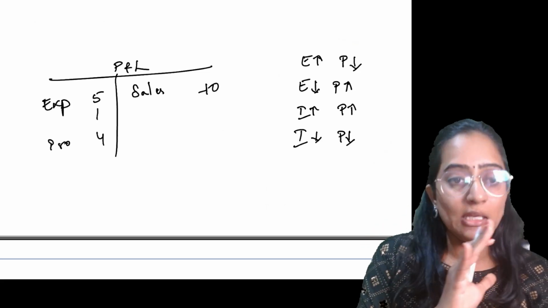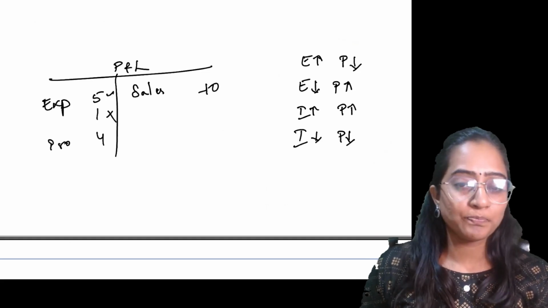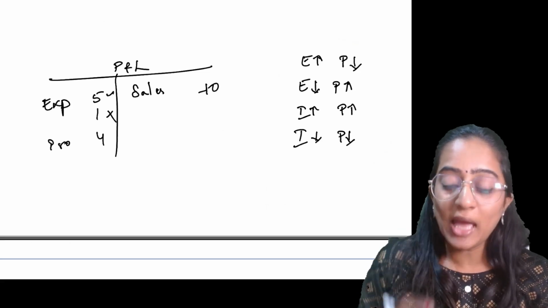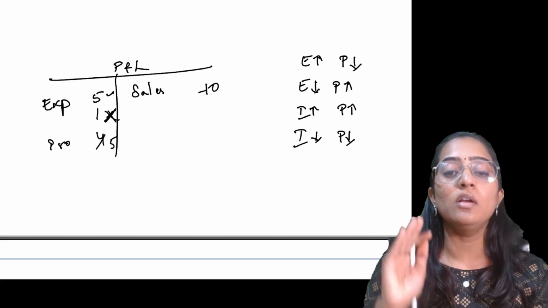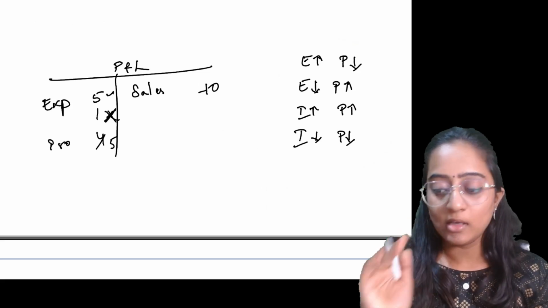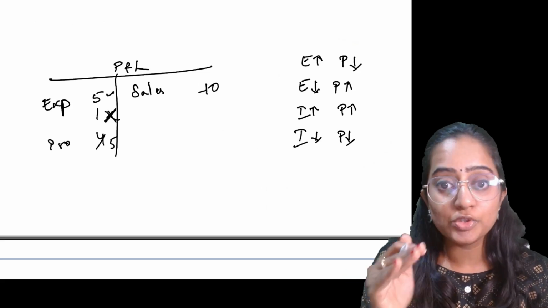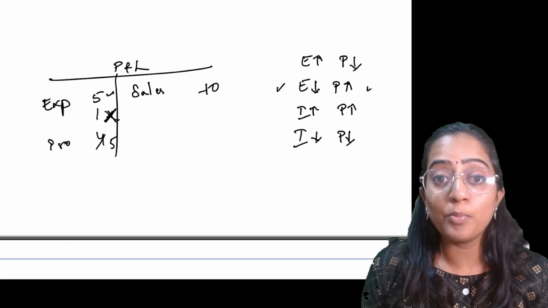But as per your income tax, let's imagine this 5 is allowed and this 1 is not allowed. What does it state? Your profit should have been 5 because this shouldn't be recorded as your expense. Correct? So what should you do in your income tax? You should decrease your expenses, which would increase profit.